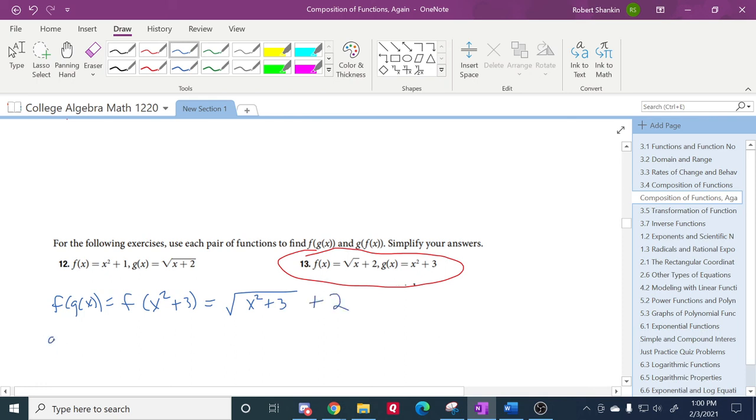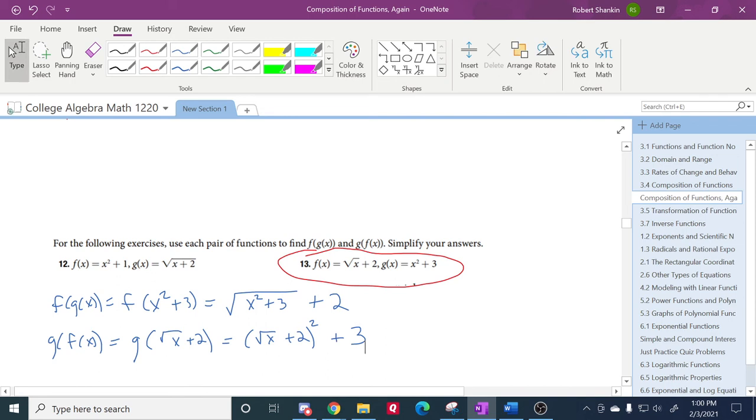And then if we do g of f of x, we have to do the f first, and then the g is that thing squared. And you could FOIL this out or you could leave it the way it is, just like that.